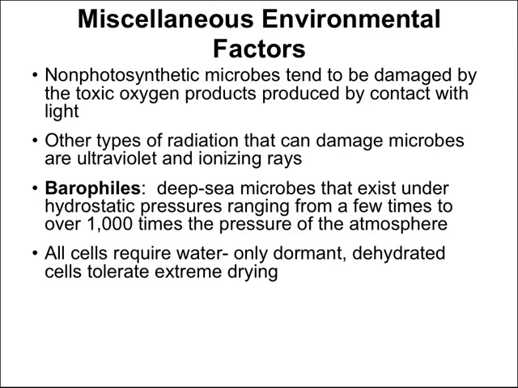Now, one thing that all cells require is water. Water is necessary outside the cell in order for transport across the membrane, and of course the internal environment is entirely hydrated. On occasion, as we've explored, some organisms can go into a dormant or dehydrated stage and tolerate this extreme lack of water. But in the end, to grow and metabolize, everything needs water.